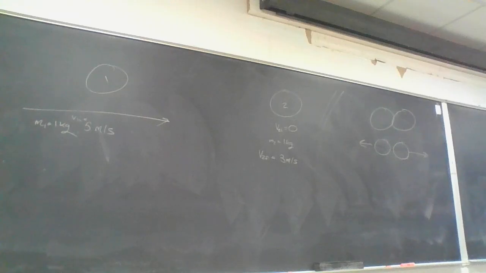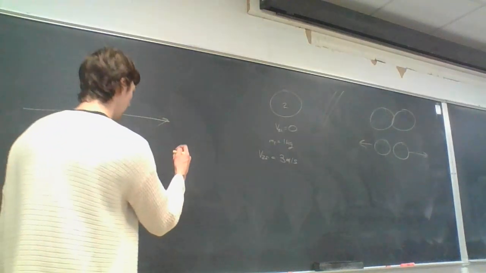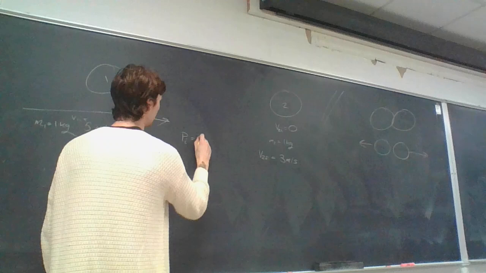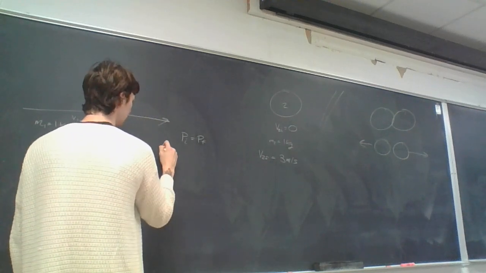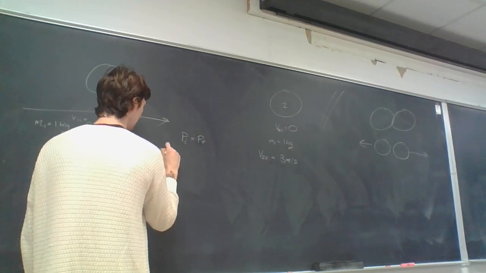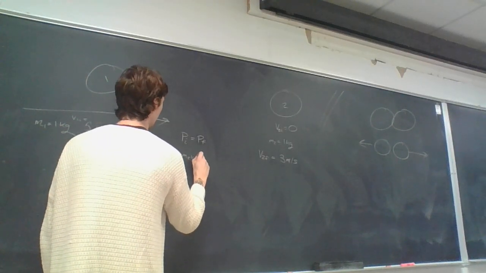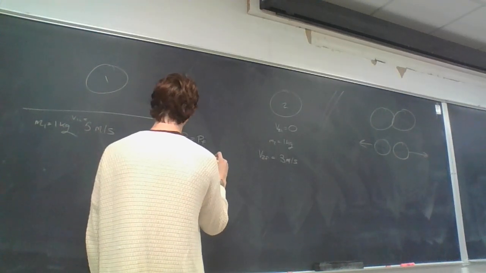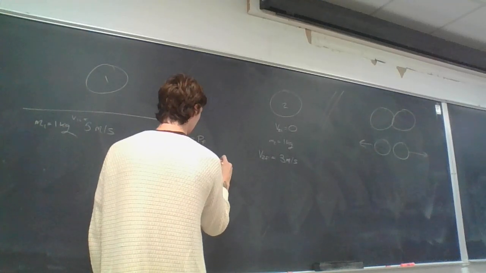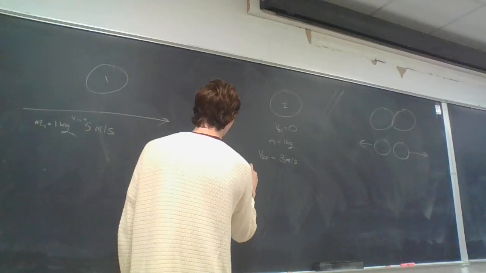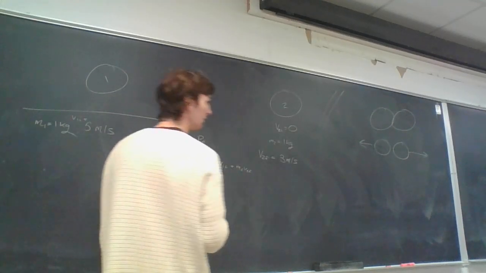Just take the equation and then write everything you know, and then just have to solve for what V2 final will be. Yeah, exactly. So we're going to set up conservation of momentum. P initial equals P final. So M1 V1 initial plus M2 V2 initial equals M1 V1 final plus M2 V2 final.